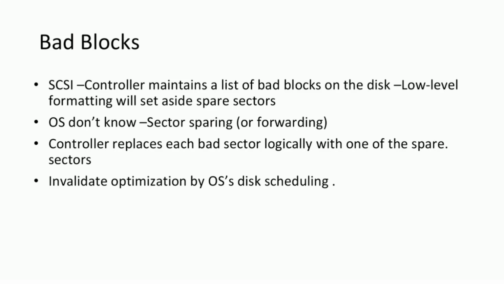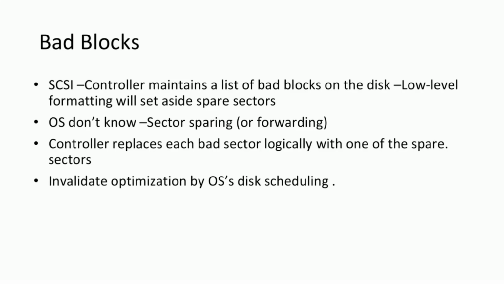These controllers can be told to replace each bad sector logically with one of the spare sectors. This is known as sector sparing or forwarding. Such a redirection by the controller could invalidate any optimization by the operating system's disk scheduling algorithm.